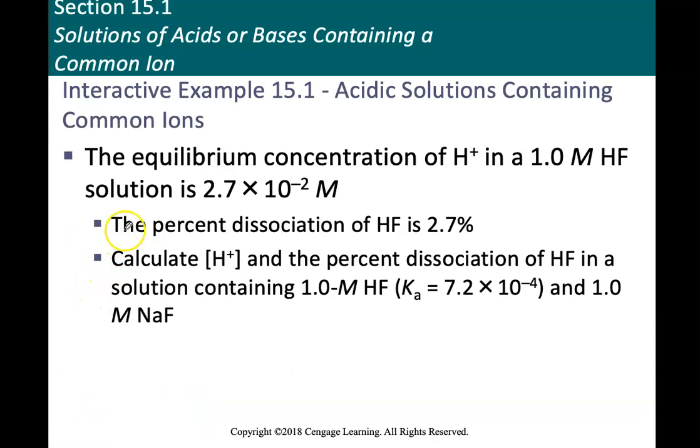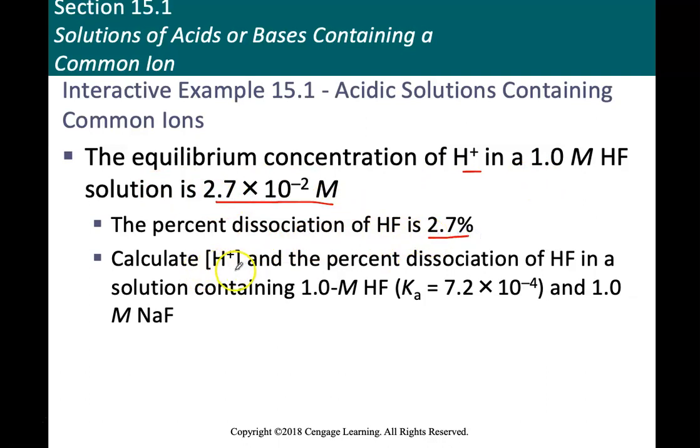So let's do the calculation here of one example of a common ion. The equilibrium concentration of H plus in a 1 molar HF solution is given. So you're given the equilibrium amount and the percent dissociation is provided.